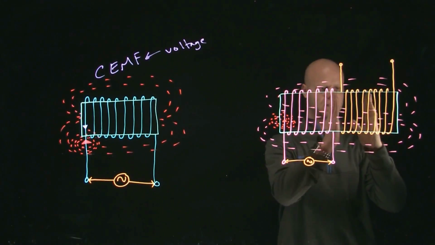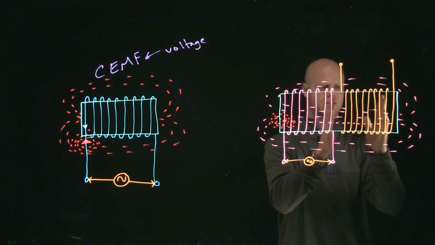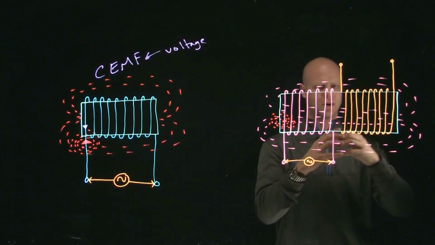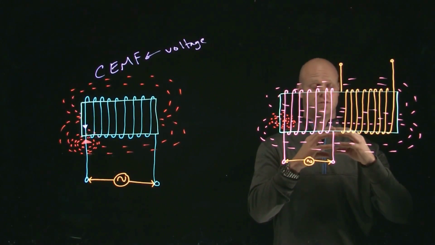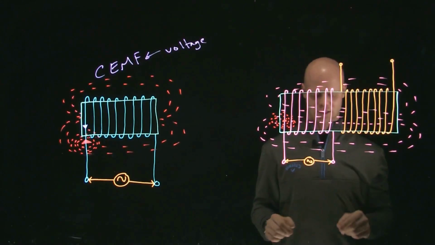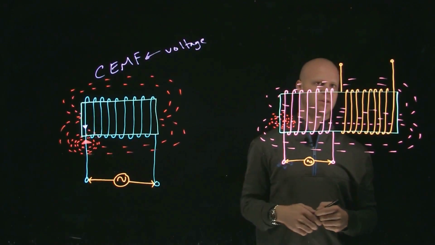So if we look at this core that's electrically isolated from my first winding, I now have the lines of magnetic flux that are flowing through the core, and they are continuing to expand and contract. So as soon as I have a magnetic field that is expanding and contracting and cutting across a conductor, I will have a voltage that is produced, a counter EMF.